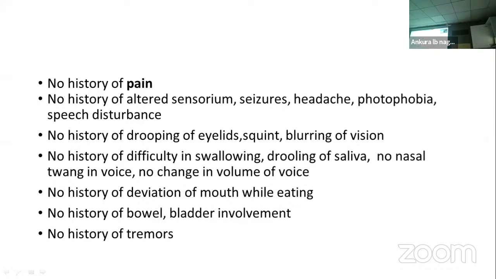Let's move on to the last case, another interesting case from Prashanta Women and Children Hospital. I invite the presenter, Dr. Aparna. Mentor is Dr. Kiran Karthik.